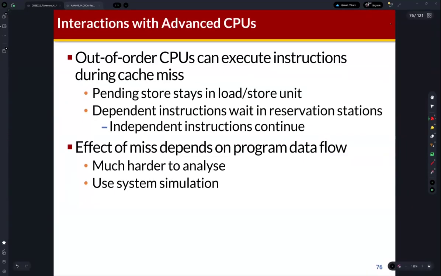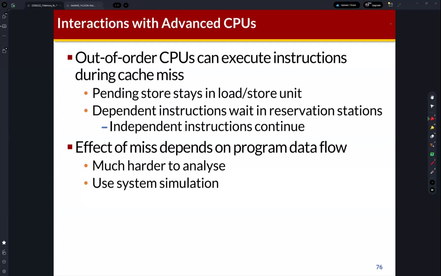Okay, so this is the multi-level cache. Actually we do not learn about the out of order CPU, but most commodity CPUs are out of order CPUs, not in-order CPUs. We learned about the in-order CPU in chapter 4, right? But Intel CPUs, AMD CPUs, and also ARM CPUs implement out of order CPUs.